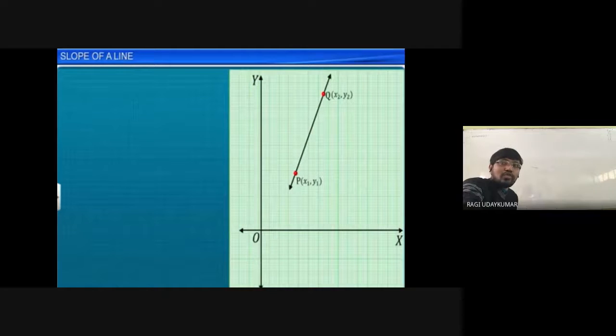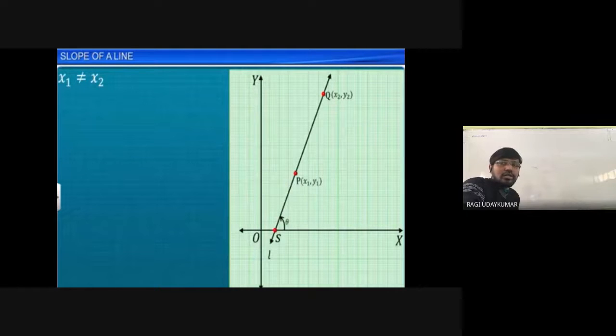If 2 points are given to you on a line, then you can also find out the slope. Take any 2 points on the line, where the line makes an angle of theta with the x-axis in an anti-clockwise direction, and x1 is not equal to x2.